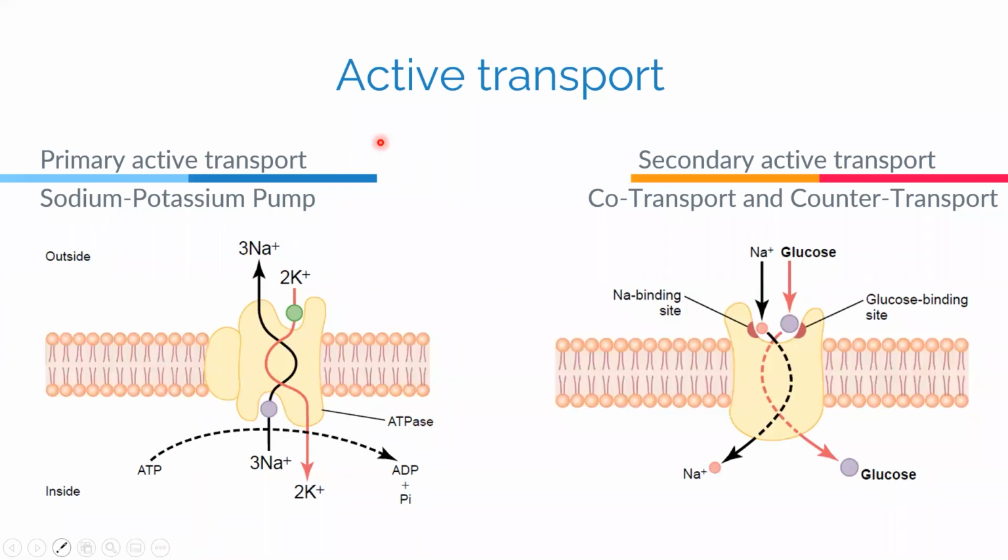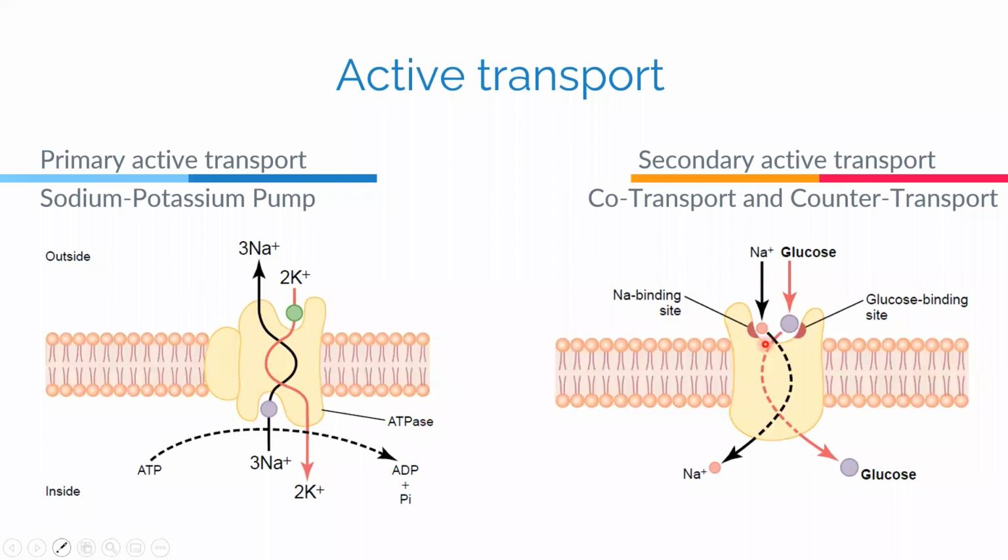This was a primary active transport in which the molecules themselves are moving against their concentration gradient. There is a secondary active transport as well, in which one molecule moves along its concentration gradient and a second molecule just piggybacks on top of the first molecule and moves against its concentration gradient. For example, we will look into the sodium glucose pump.